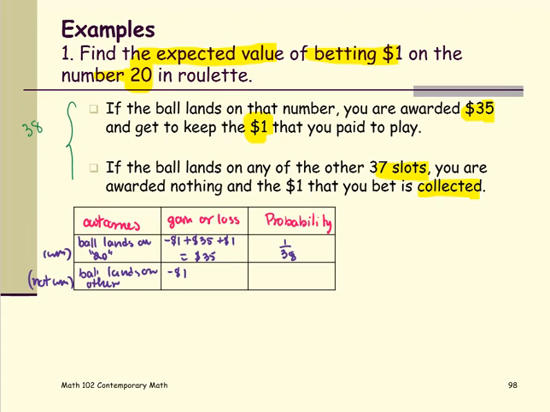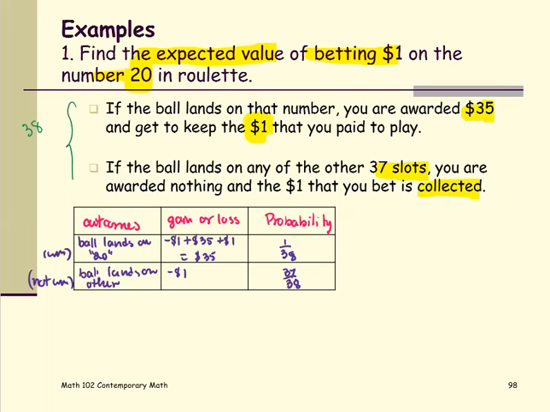We put the negative sign as a representation of the loss. The probability is going to be 37 out of 38. As you notice, the sum of the probability column is supposed to be 1, because all possible outcomes combined make a total of 100%, or a probability of 1.